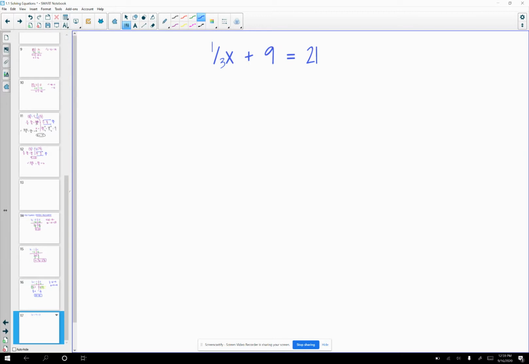So our last one is 1/3 times x plus 9 equals 21. So on the left side with my x, I've got 1/3 times x plus 9. So I have to undo multiplying by 1/3 and adding 9. First thing, subtract 9.